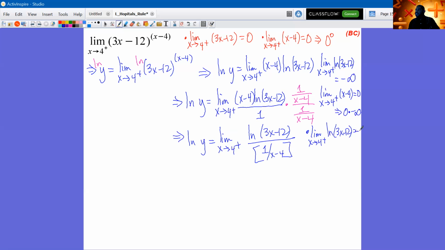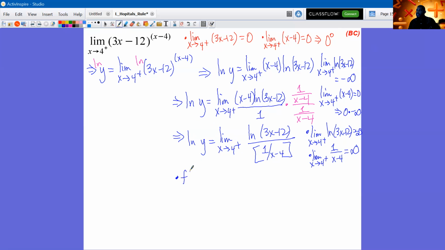So that's going to be negative infinity once more. Okay, and in our denominator, that's going to be infinity. So we got negative infinity over infinity, so I can use L'Hopital's rule. But before I do that, I need to talk about differentiability here.